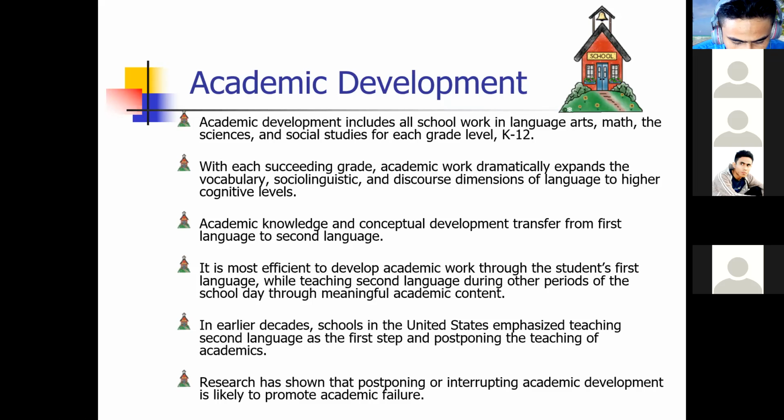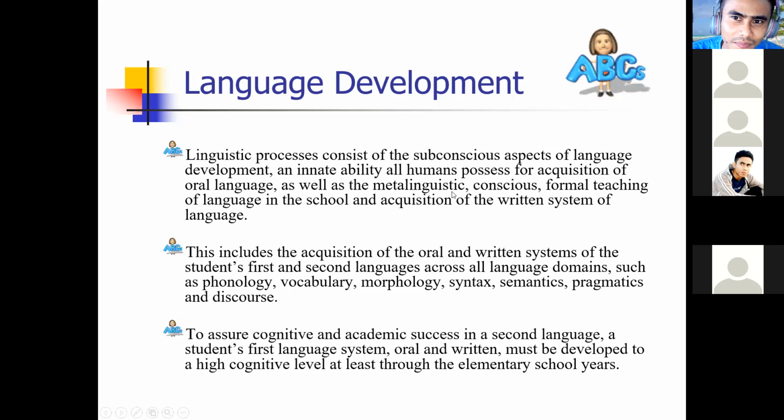Academic knowledge and conceptual development transfer from first language to second language. It is most efficient to develop academic work through the student's first language. Will teachers tackle language during the other period of the school day through meaningful academic content?